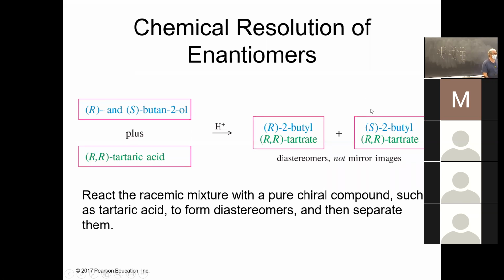This is an example of conversion to diastereomers.